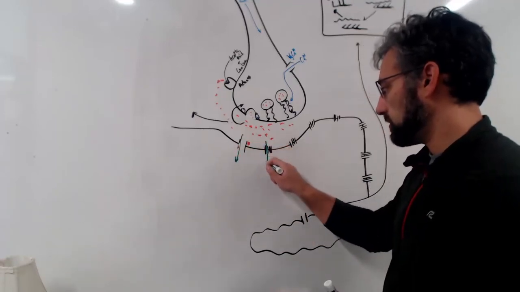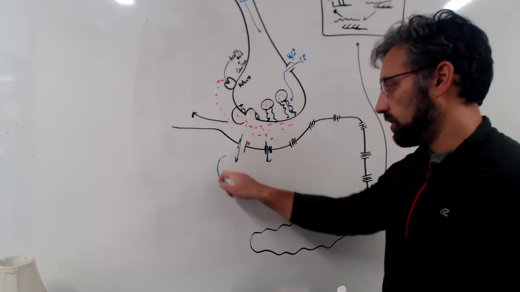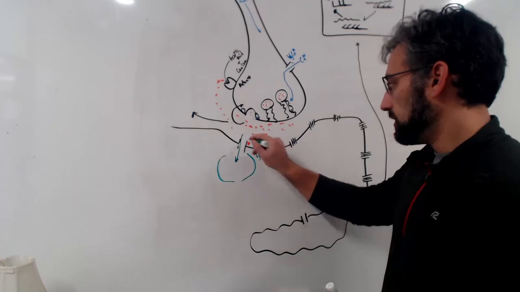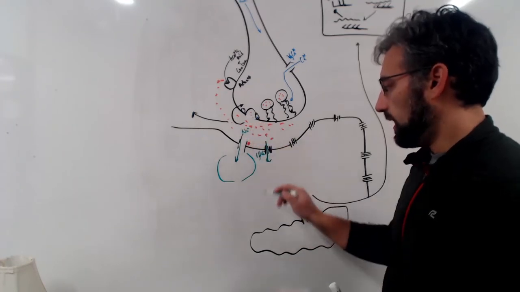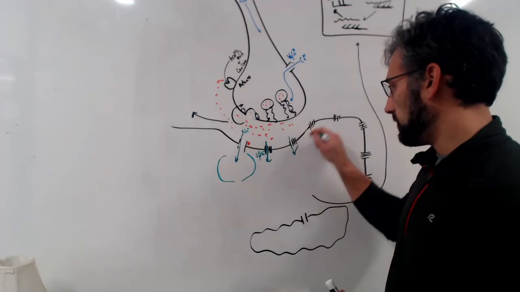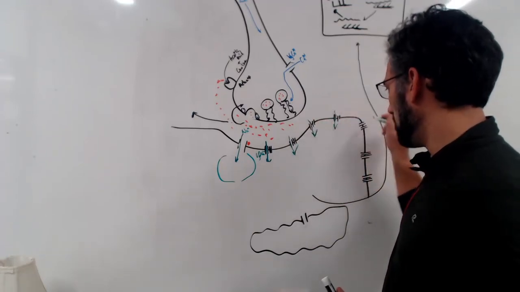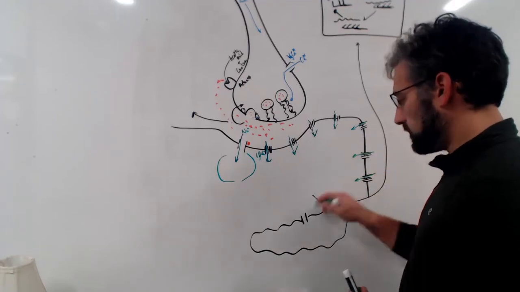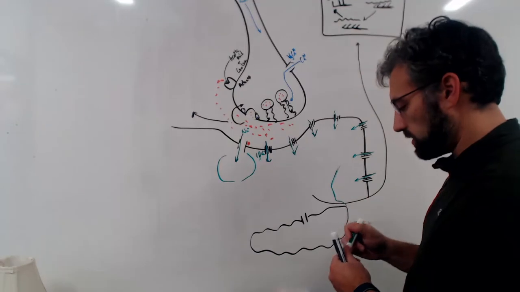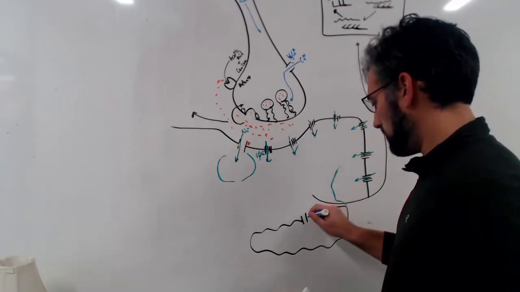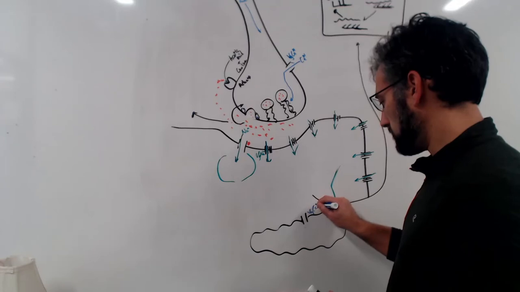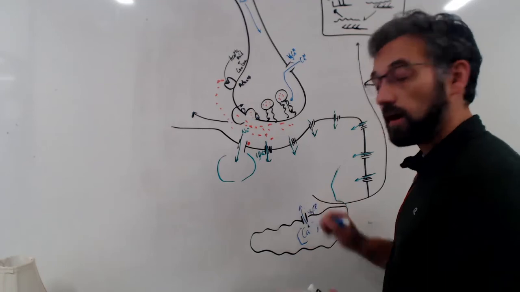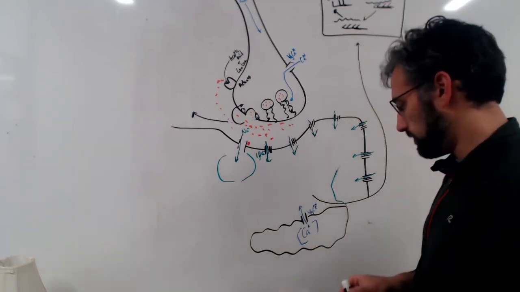And that is going to open up voltage-gated sodium channels, which is going to make sodium go in, and sodium go in, and sodium go in, all the way down into a T-tubule, which is going to bring it so that all of this sodium is close enough to voltage-gated calcium channels, which makes calcium go out of the sarcoplasmic reticulum.